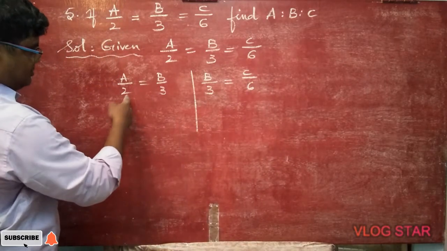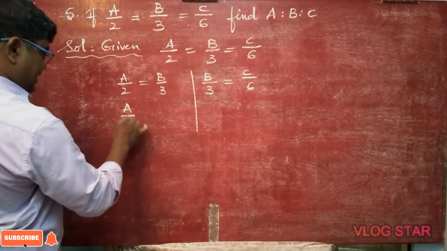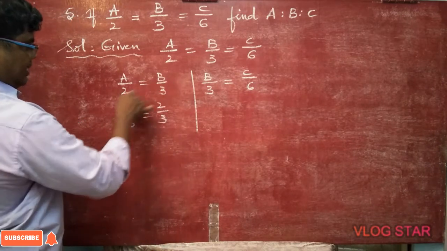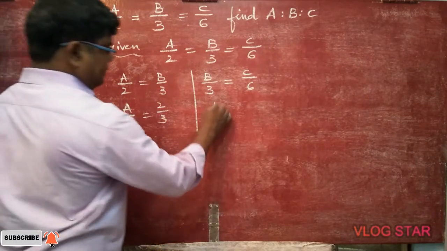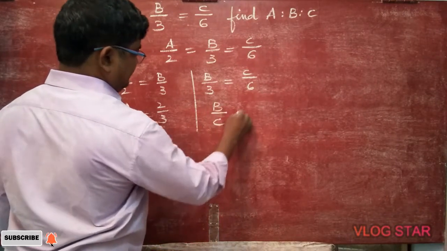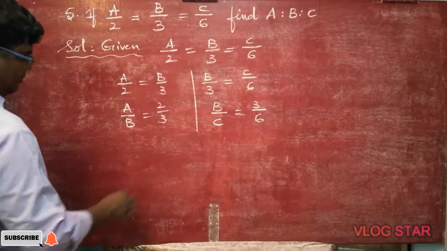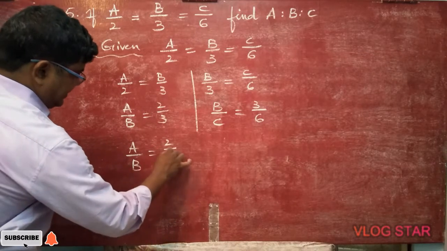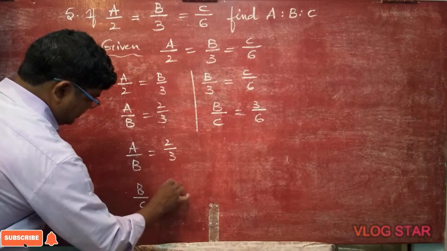Now again, variables on one side, numerical values on the other side. So A by B is equal to 2 by 3. Numerator comes to denominator, denominator goes to numerator. Next here, B by C is equal to 3 by 6. Now A by B is equal to 2 by 3 and B by C is equal to 3 by 6.